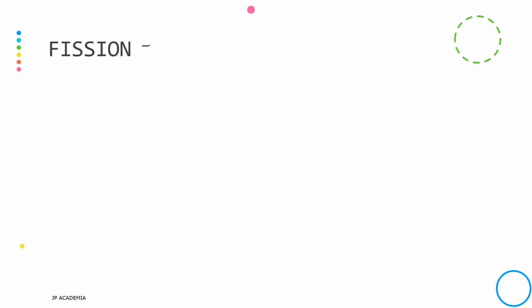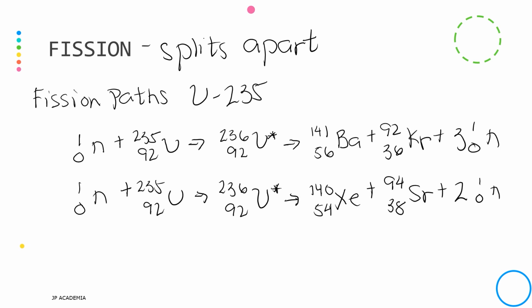Now, if a massive nucleus, in this case, let's say uranium-235, breaks, there will be a net yield of energy because the mass of the fragments will be less than the uranium mass. We have here the fission paths of uranium-235.